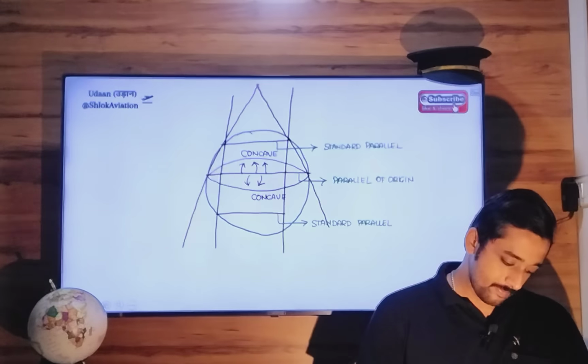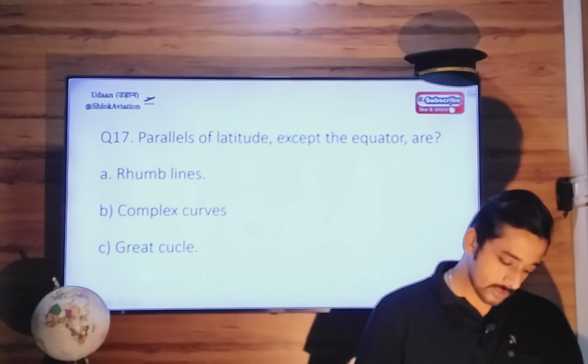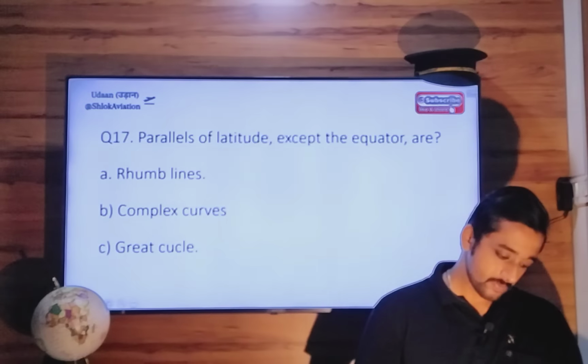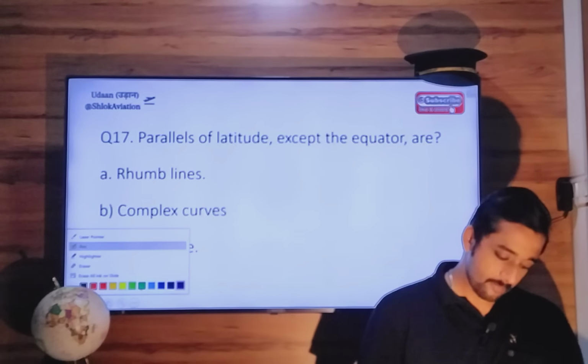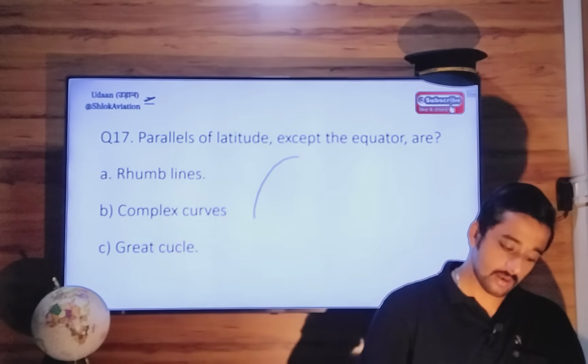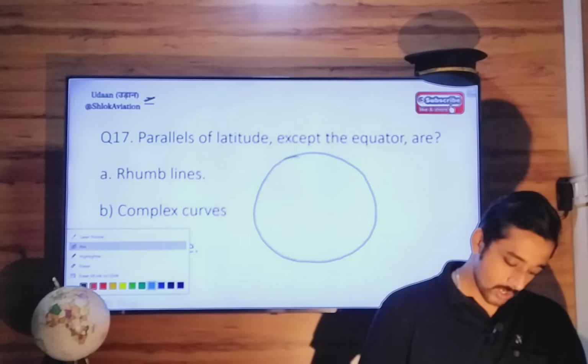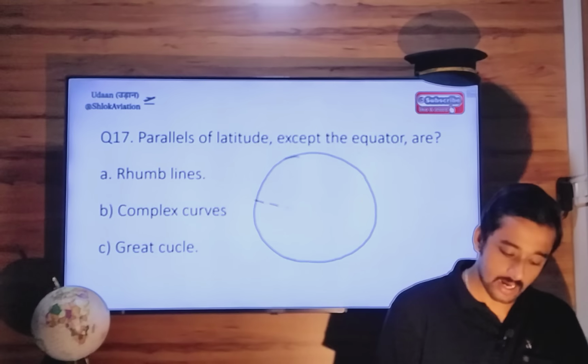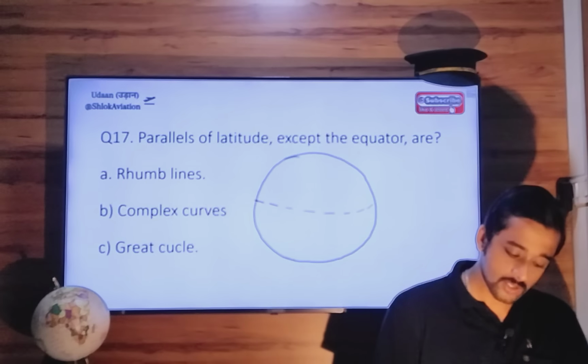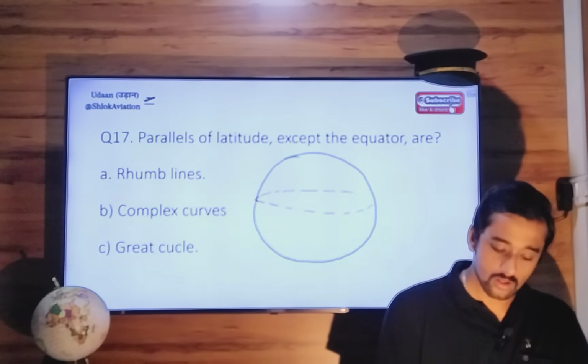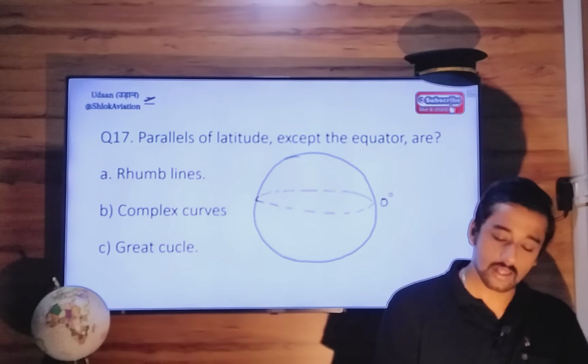Next, question 17. Parallels of latitude except the equator are what? So we know that on the earth, let's say the basics of great circle, rhumb line, latitudes, longitudes. Okay. On this earth, your equator is one particular latitude, unique latitude, which is both a great circle and a rhumb line.